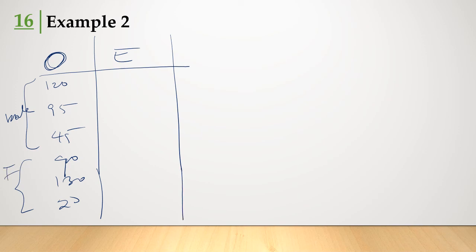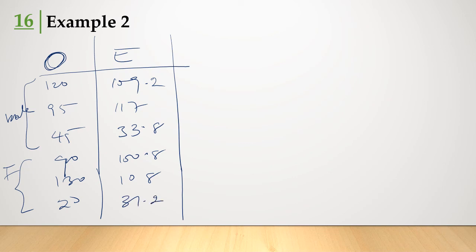Now, expected values. If we do what I showed you earlier, we can just populate here. Expected values for the male: 109.2, the second is 117, and the third is 33.8. Then the female row, we're going to have 100.8, 108, and then 31.2.